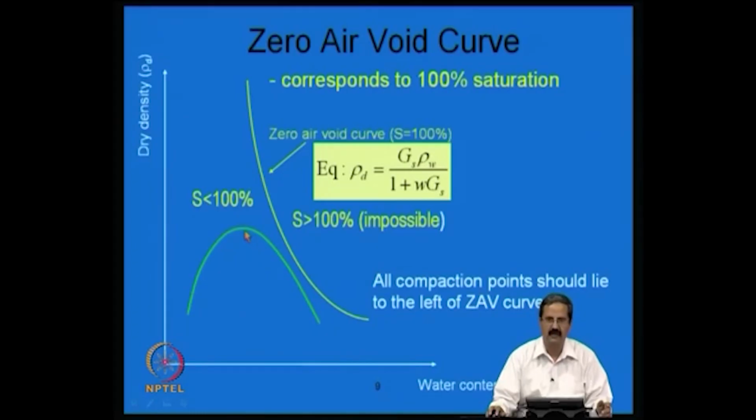This is very important from the field point of view, because when the material gets saturated, you should be able to understand what the changes in density and settlements should be, and these are all very important. And so this is an expression for obtaining the zero air voids line, and with simple modification of this equation from fundamentals, one can get different air void lines.